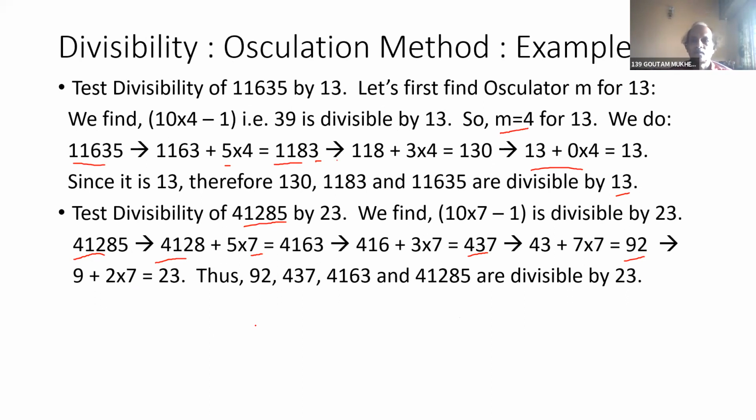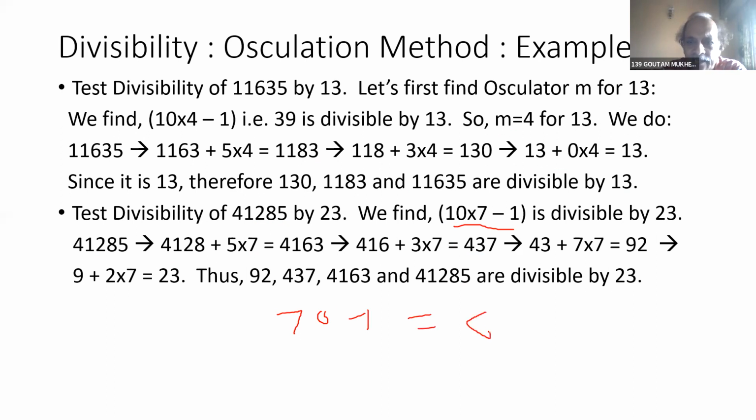Sir, how does this 10 into 7 minus 1 come in the divisibility by 23? 10 into 7 minus 1 is 70 minus 1, which is 69.